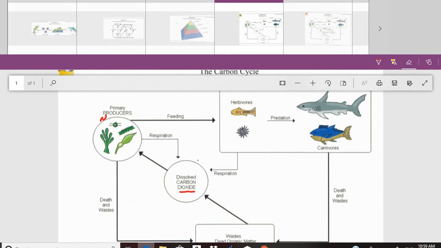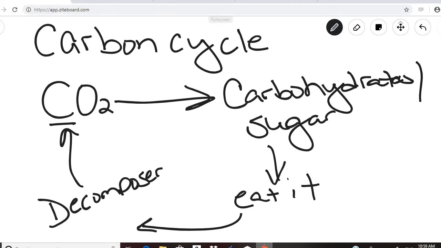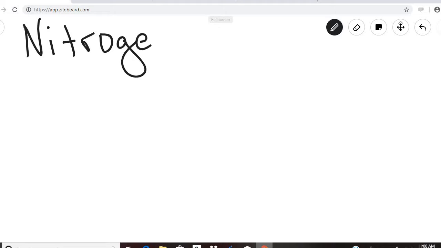Okay, and then another cycle that is really important for the marine ecosystem, besides the carbon cycle, is the nitrogen cycle. And you might ask, why is nitrogen important for an ecosystem?